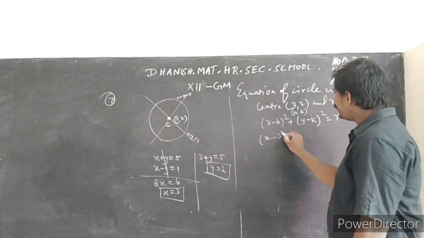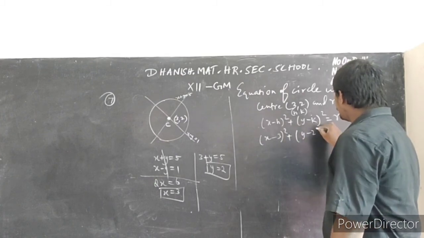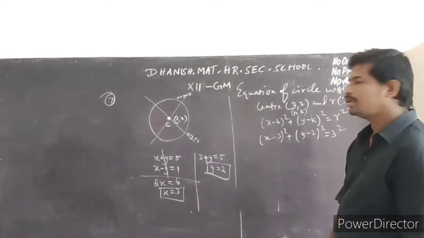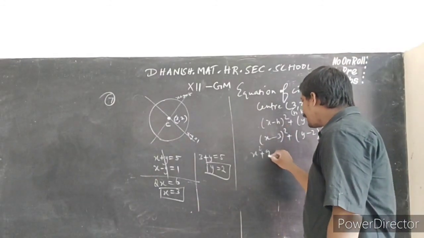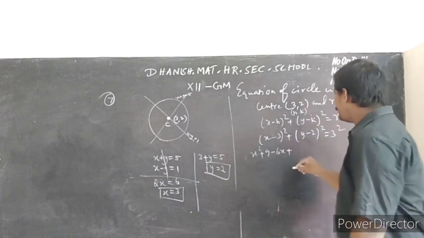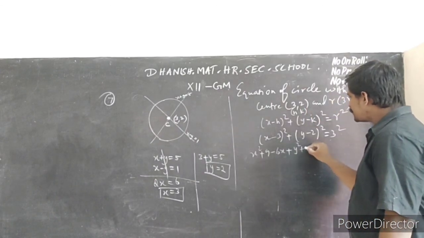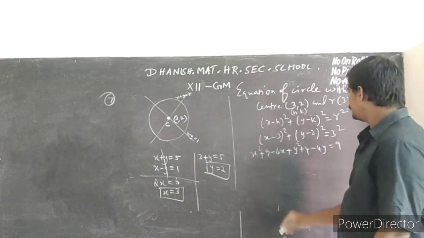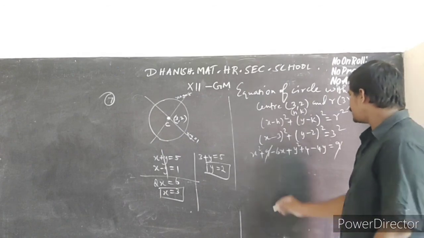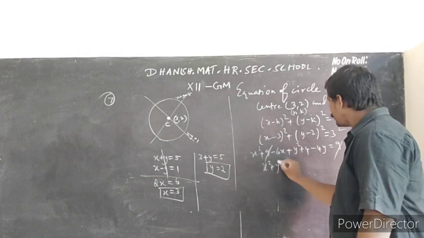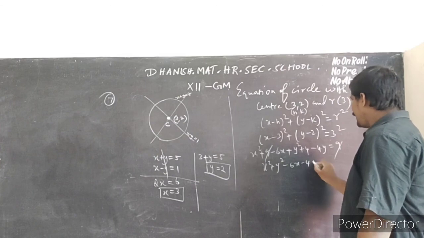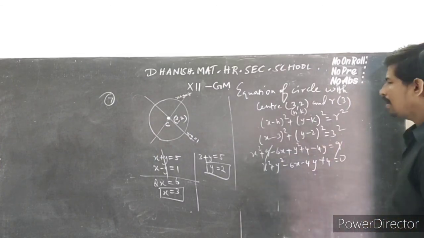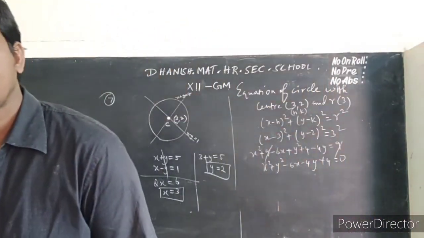So x minus 3 whole square plus y minus 2 whole square equal to 3 square. Now using the a minus b whole square form, a square plus b square minus 2ab, we expand both. These two terms get cancelled. So what is remaining? x square plus y square minus 6x minus 4y plus 4 equal to 0 is the required equation.